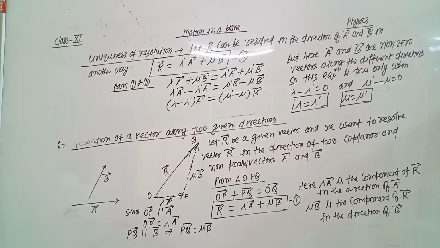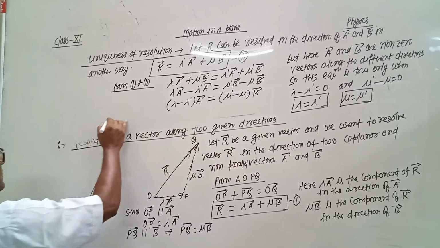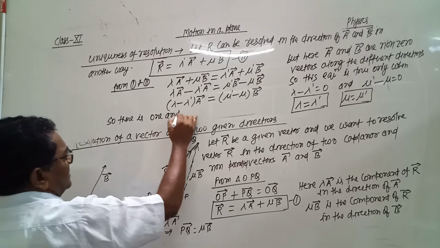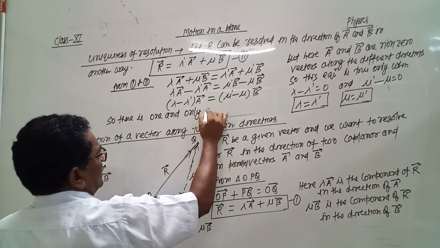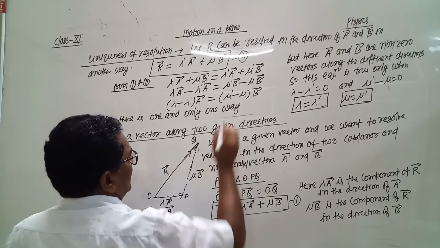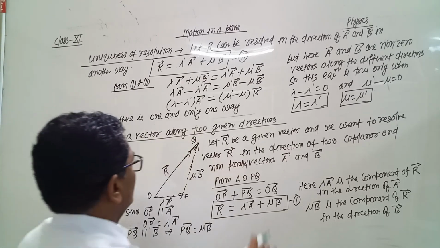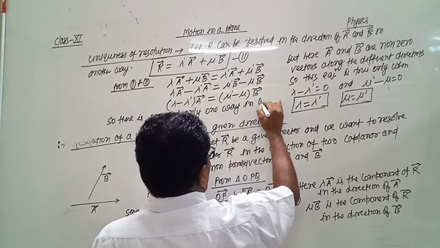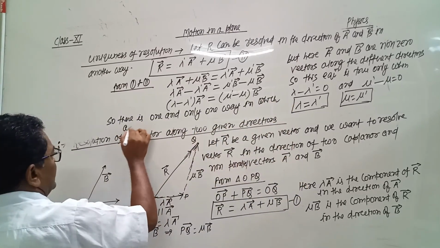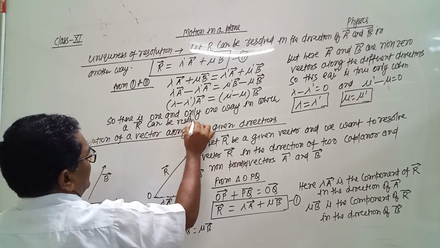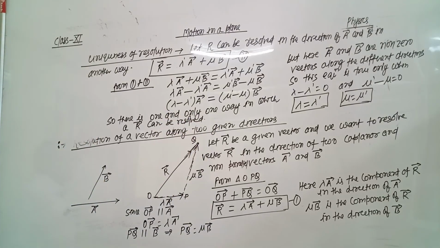So hence there is one and only one way in which a vector R can be resolved in the direction of A and B. This is the uniqueness of resolution, because lambda equals lambda dash and mu equals mu dash.